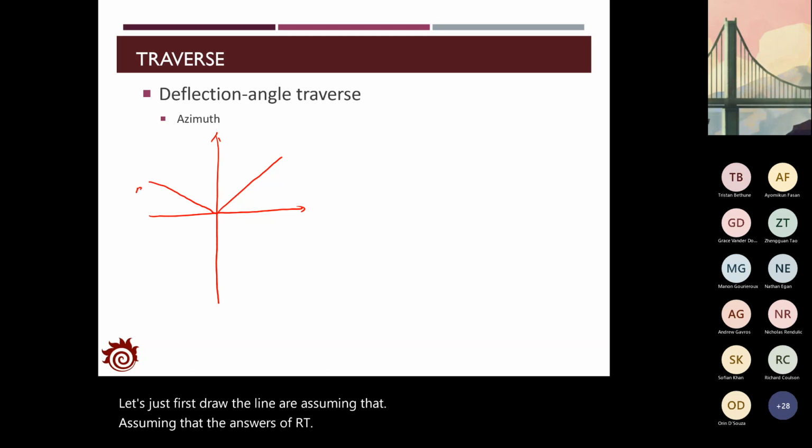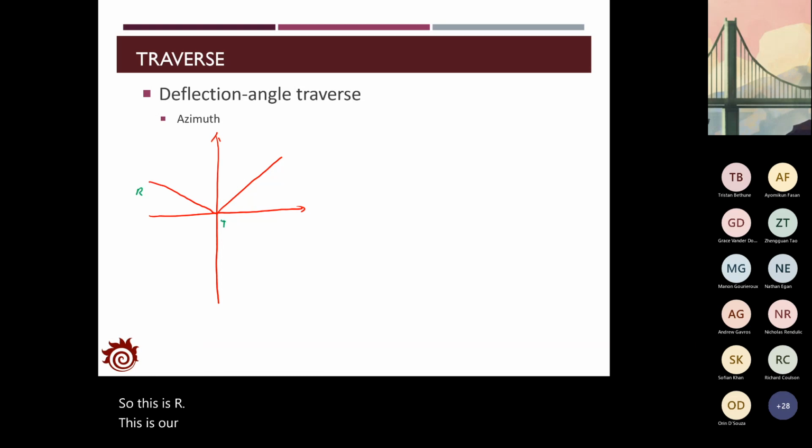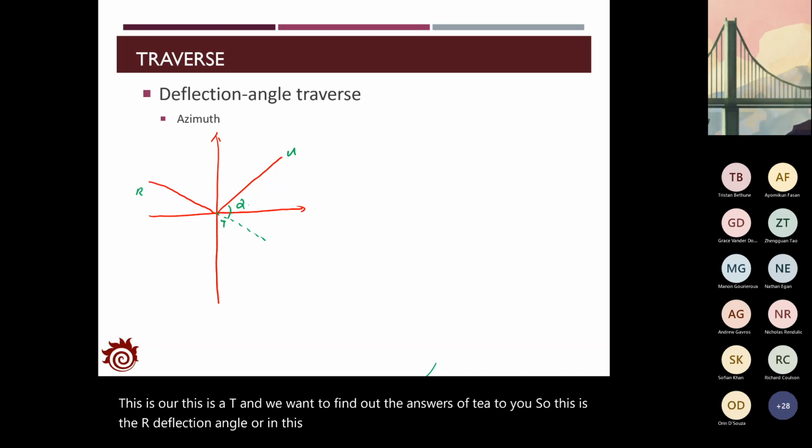So this is R, this is T. And we want to find out the azimuth of T to U. So this is the deflection angle. In the previous example, that will be alpha 2L to the left.